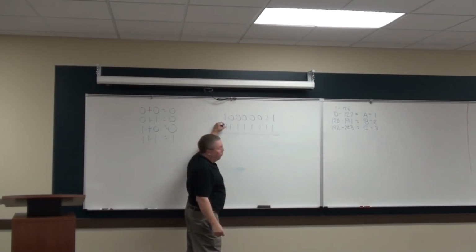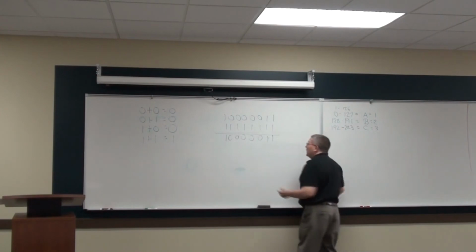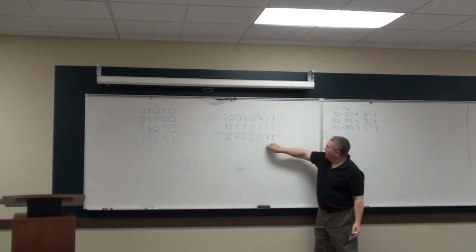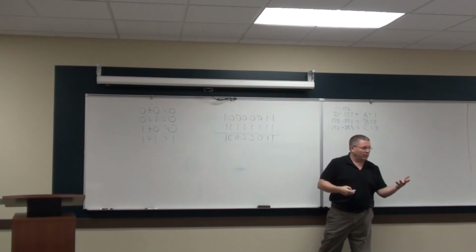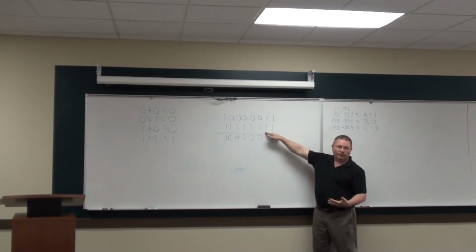So 1 and 1 is 1. 0 and 1 is 0. And I keep going. And you'll see I get what I started with. I get what I started with. Okay? So the value of this is I can use a mask to expose certain parts of the IP address to the router by ANDing it with 1.